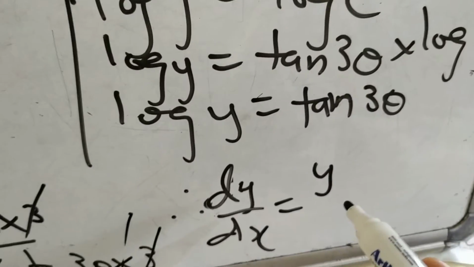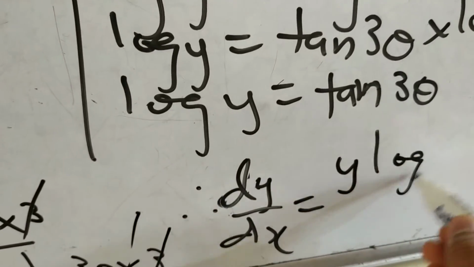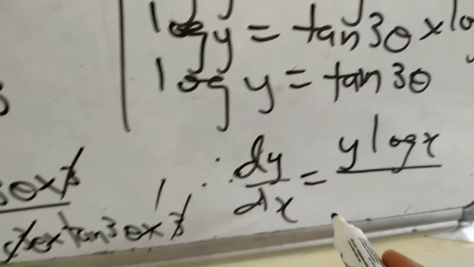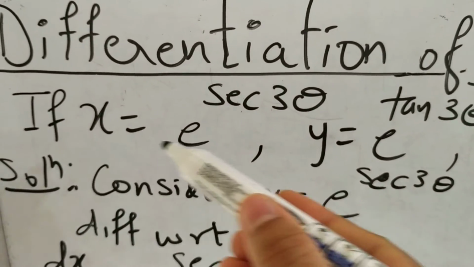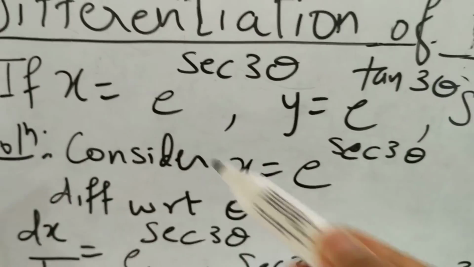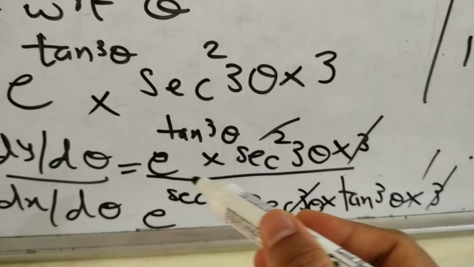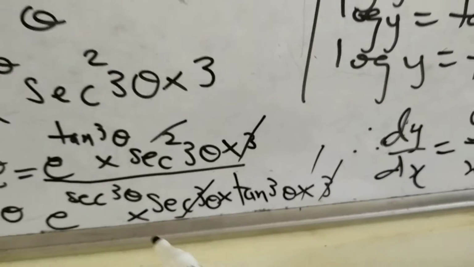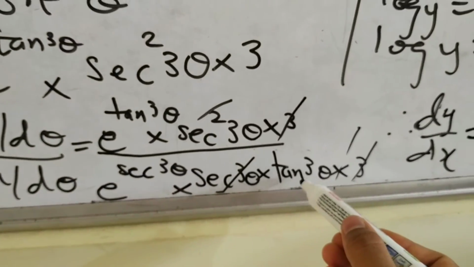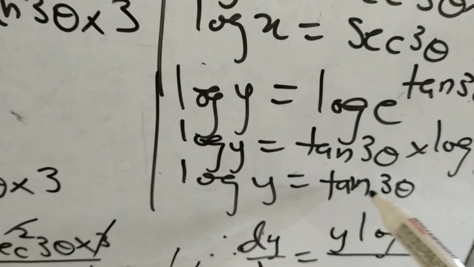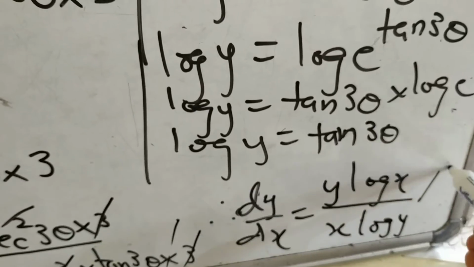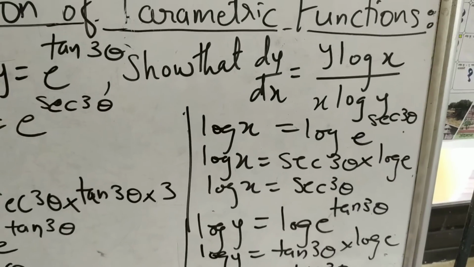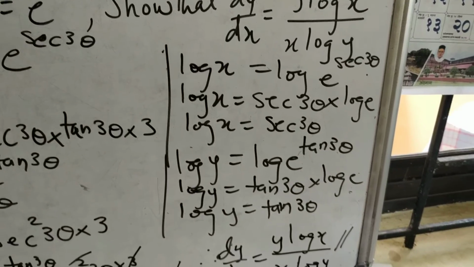So I am writing here log x, whole divided by e raised to sec 3 theta, that is your x function, x equals e raised to sec 3 theta. Therefore x is nothing but e raised to sec 3 theta. So I am writing here x, and tan 3 theta means log y. Let us substitute tan 3 theta by log y, and this is what was asked to show, that dy by dx is y log x upon x log y.